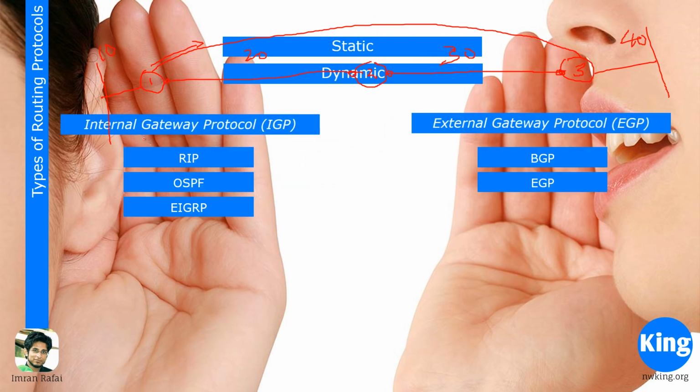For IGP, there are 3 popular protocols: RIP, OSPF, and EIGRP. And the latest CCNA curriculum only talks about OSPF and EIGRP. RIP is, I would say, one of the most rudimentary, one of the simplest forms of routing protocol, and it's one of the most commonly used routing protocols as well.